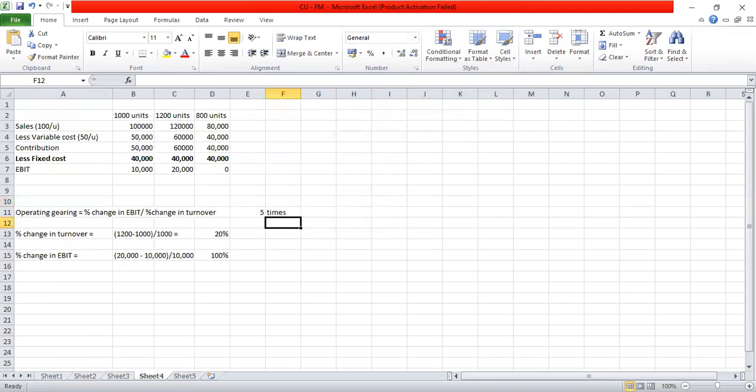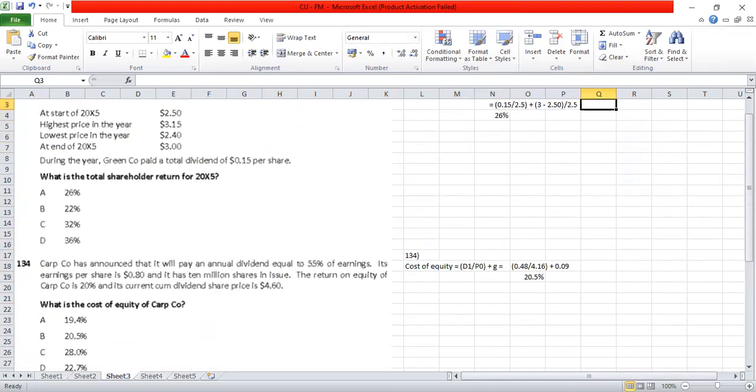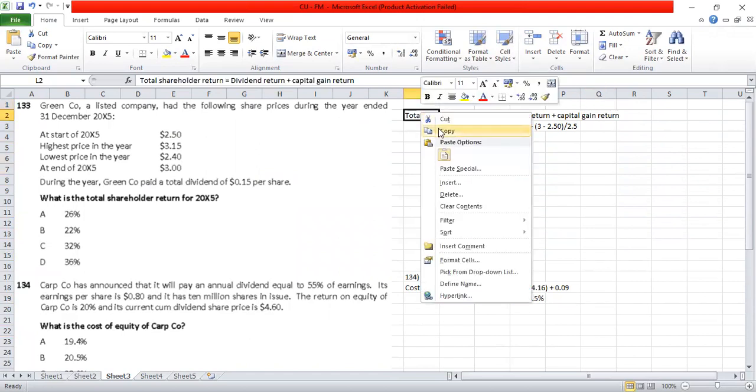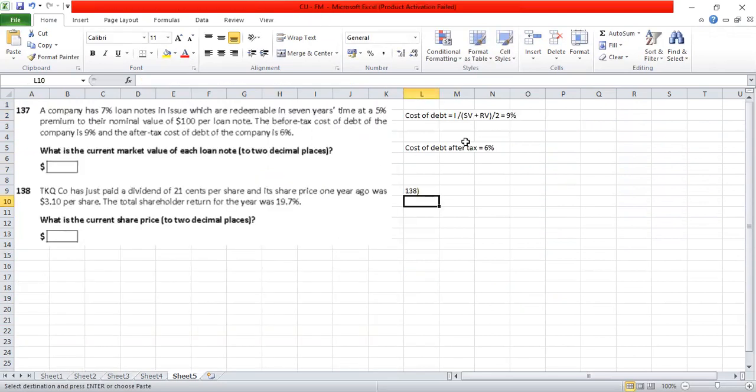We have done shareholder return in one of the problems today. What is the total shareholder return? This is the formula. Total shareholder return is equal to two components. One component is dividend return.